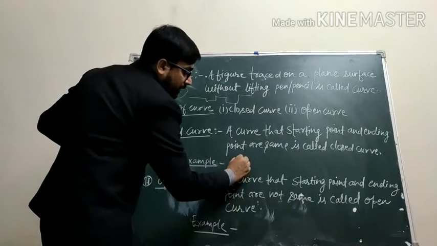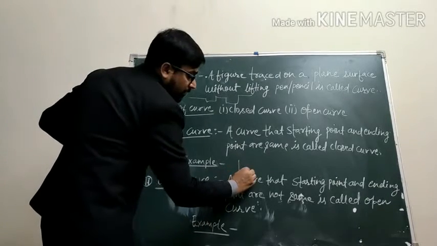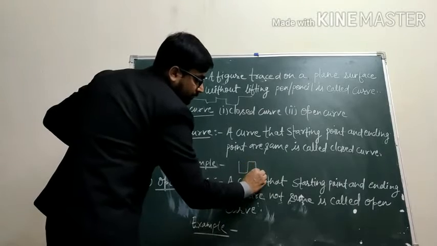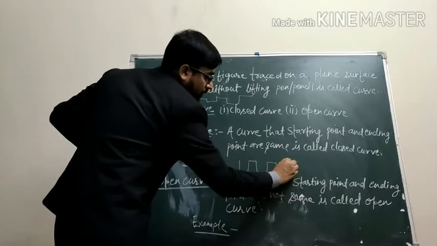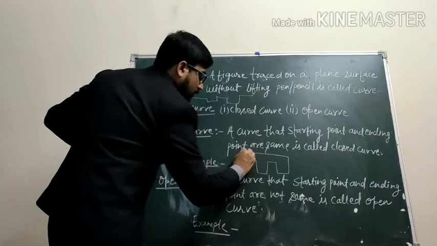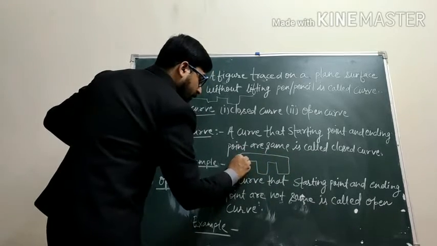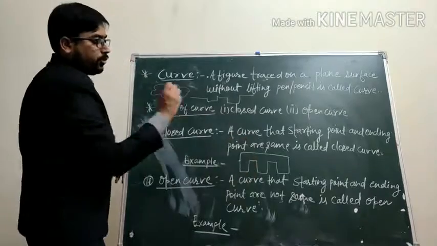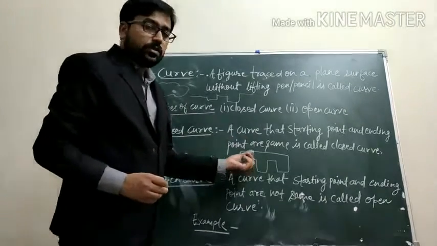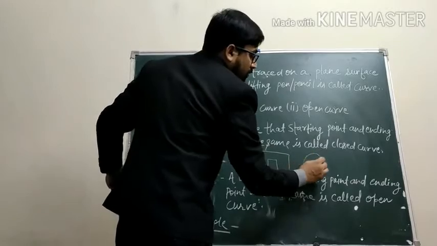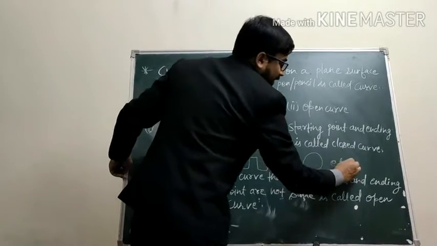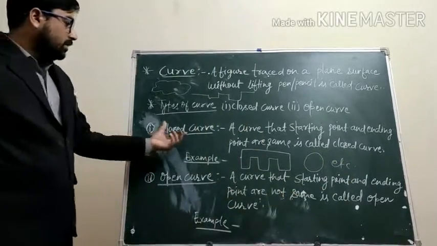Like, we will start from here, and the starting and ending points are the same. So this is called a closed curve. This is also called a closed curve, etc. So many examples you can draw.